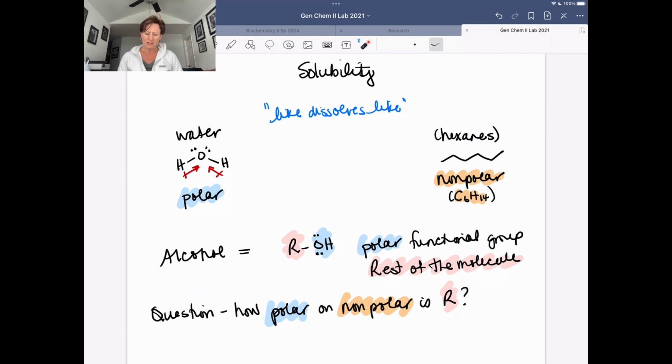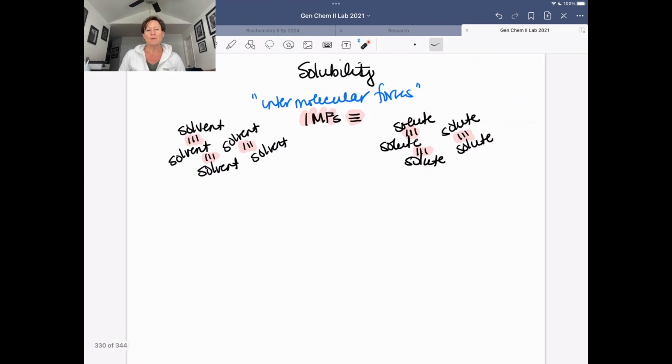Because that's ultimately going to determine whether this alcohol wants to hang out more with a polar solvent like water or a nonpolar solvent like hexanes. So this "like dissolves like" is a simple concept: two polar substances, polar solute and polar solvent, are going to want to be with each other, just like two nonpolar solute and solvent pairs.